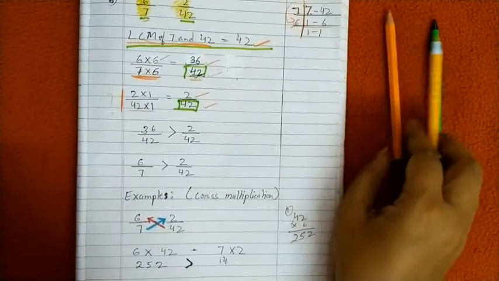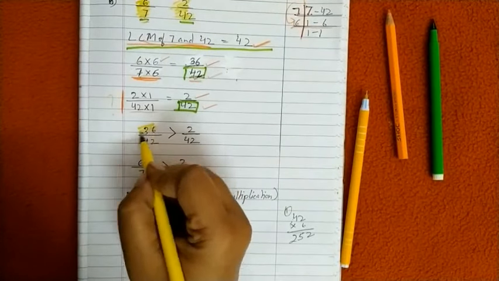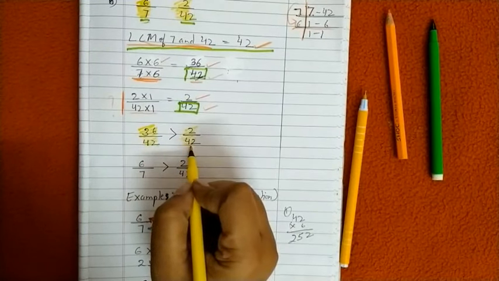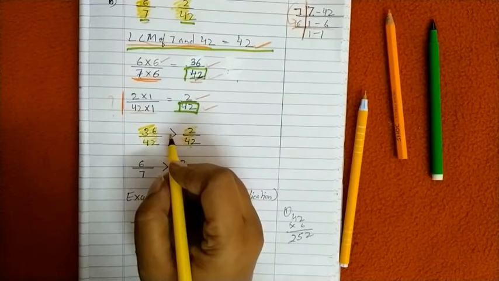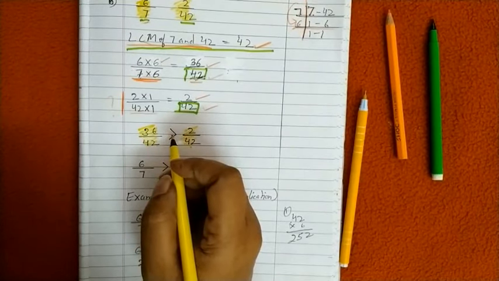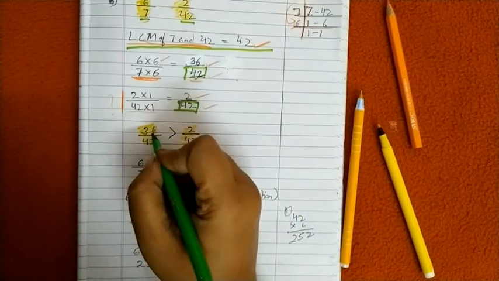Now let's compare 36 upon 42 and 2 upon 42. Denominators are same, so you have to see the numerator. Which numerator has the greater value? This one.